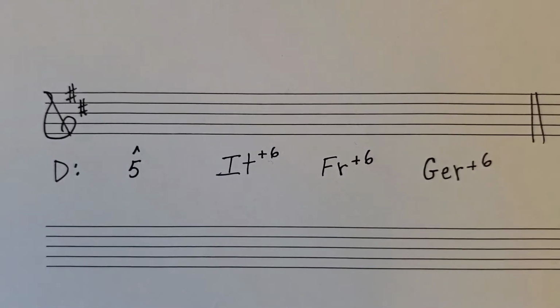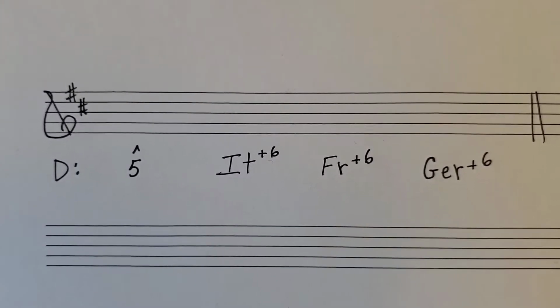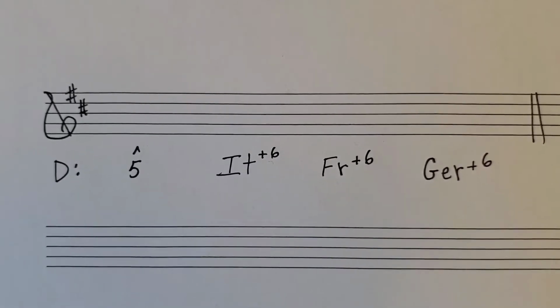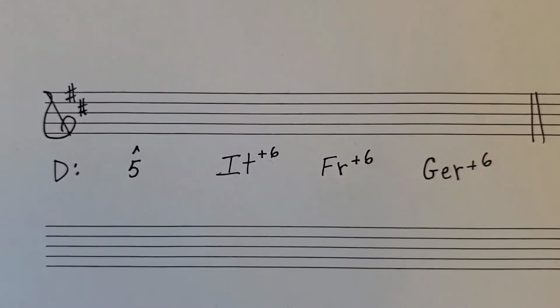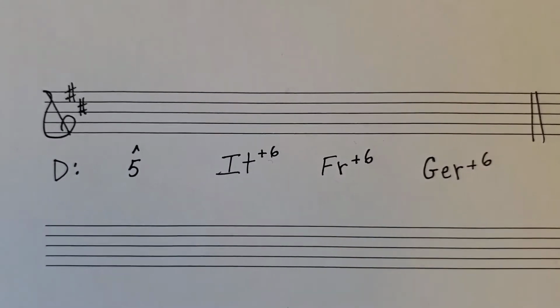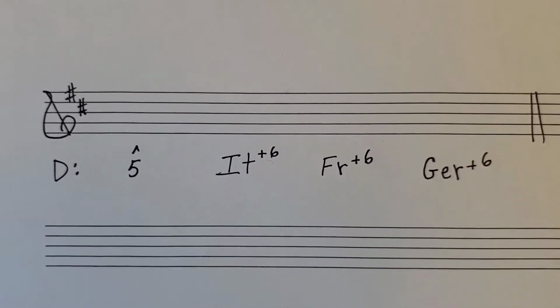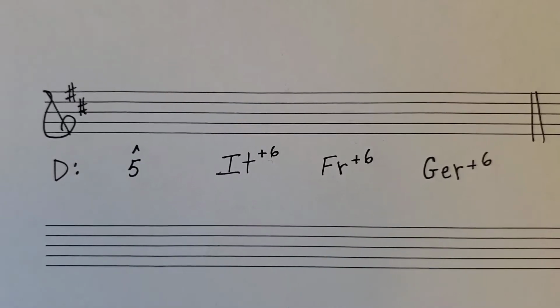about scale degree 5 in whatever key you're in. And the reason for that is because augmented sixth chords are most often predominant type chords. In other words, they're chords that precede the dominant chord.